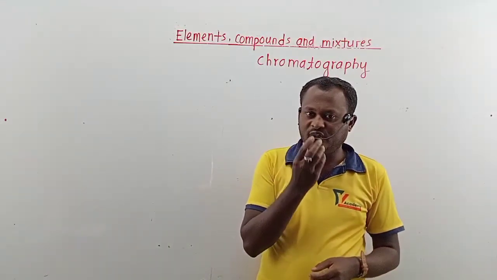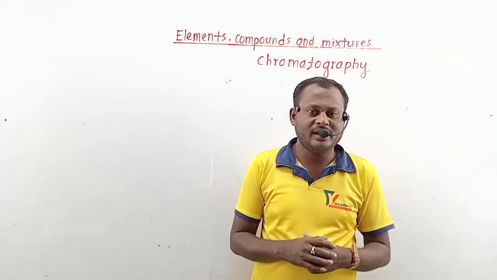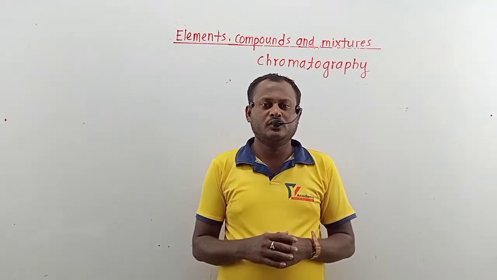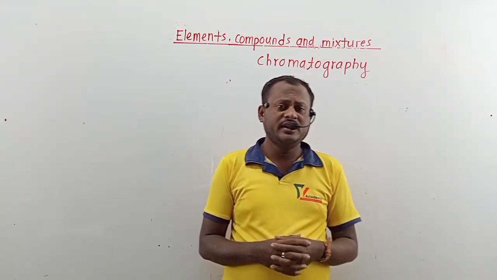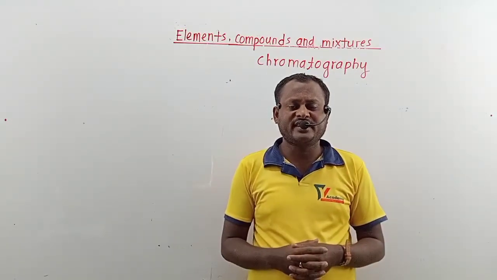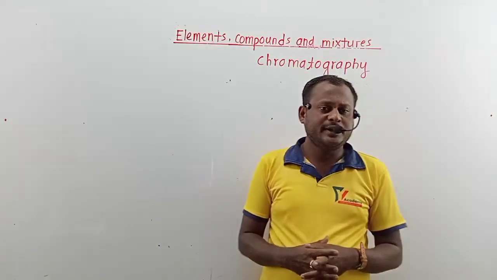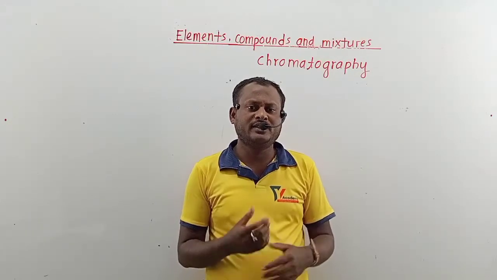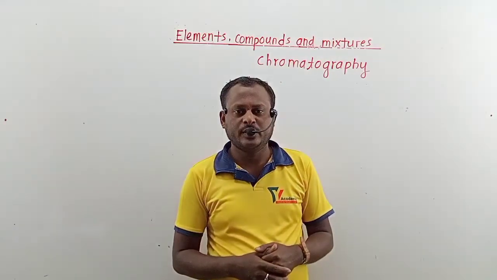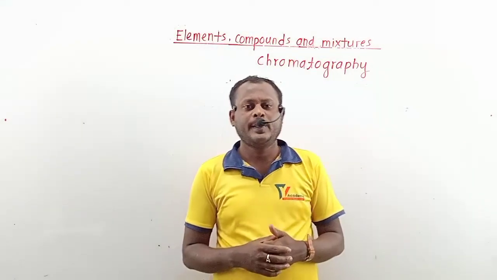So hope you understand all these things very well. In this chapter we have discussed elements, compounds, and mixtures in detail. Lastly, we discussed different methods of separation of mixtures, and different types of mixtures.